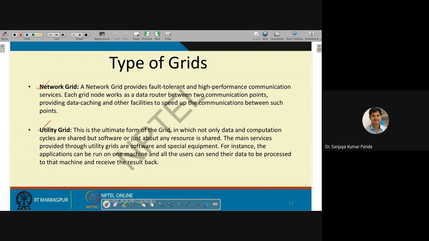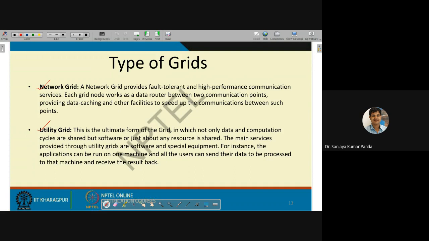Rather, you can create a replicated server and place replicas of the server in various places. So whenever a user initiates a request, we will see which server is near to that particular user, and we provide the service from there. In that way, you can process the customer request in a faster manner, right?